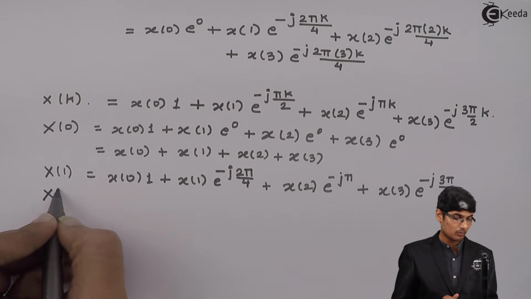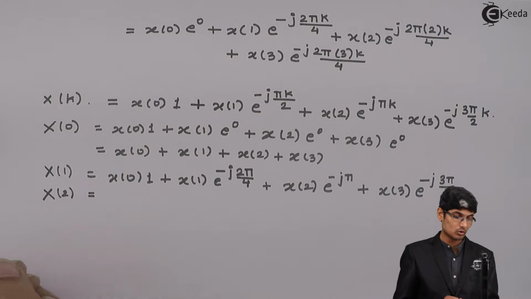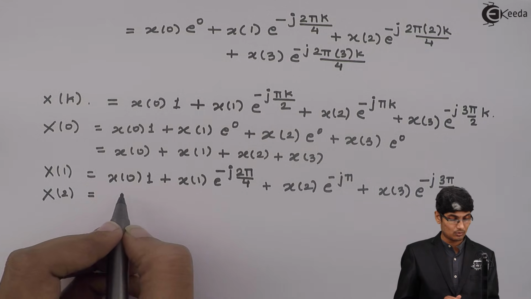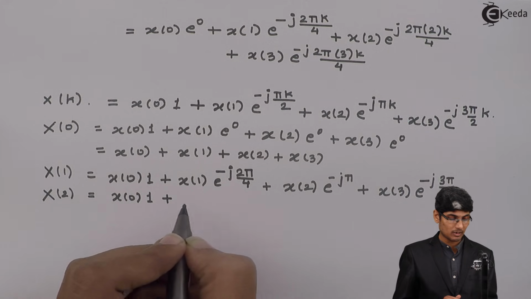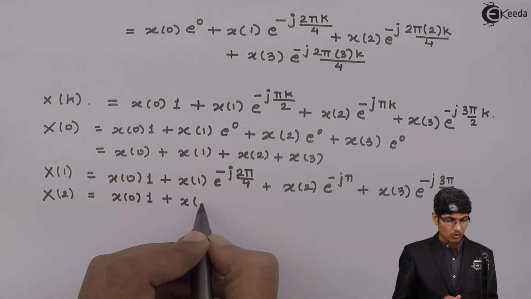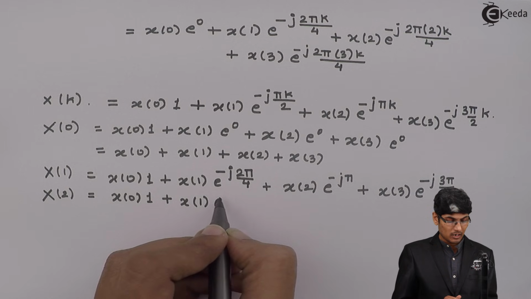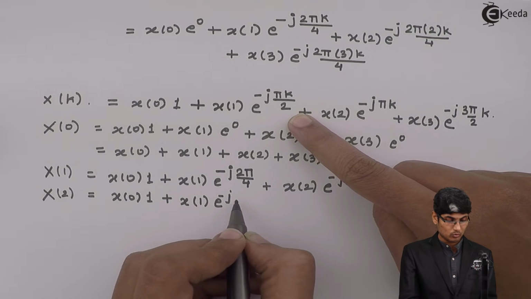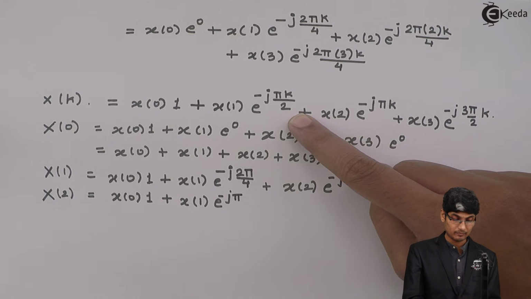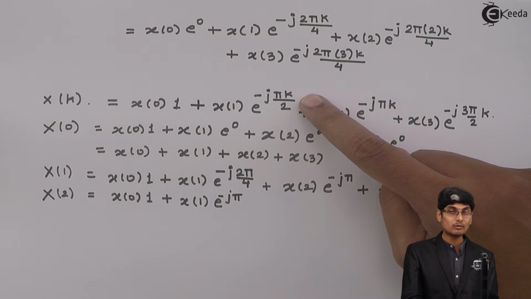In a similar fashion, if I put x of 2, here the value of k is 2, so I write x of 0, first term doesn't matter, it multiplies by 1, then x of 1 e raised to minus j pi by 2 into 2, which gives me pi, because I'm putting k value as 2.